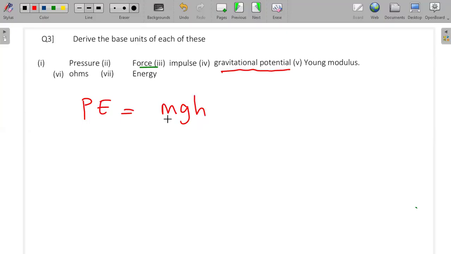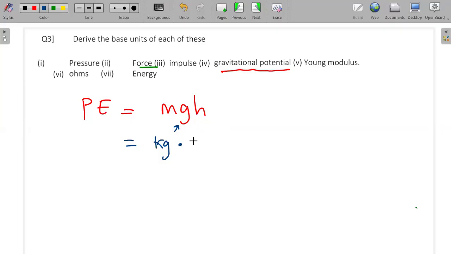So this m here is the mass, and the g is the acceleration due to gravity, and the h is simply the height. Okay, so we know that for the mass, the units are kg multiplied by, this one here is the acceleration due to gravity. So as long as it's acceleration, it has the same units as the normal acceleration.